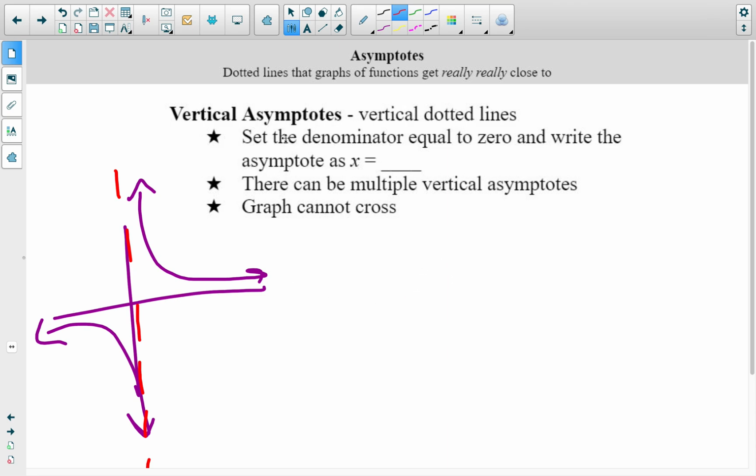In order to find the vertical asymptotes of a rational function given its equation, you will do this first step: set the denominator equal to 0 and write the asymptote as x equals a number. It is possible for there to be no vertical asymptote. There can be multiple, there can be none. The graph cannot cross the vertical asymptote.